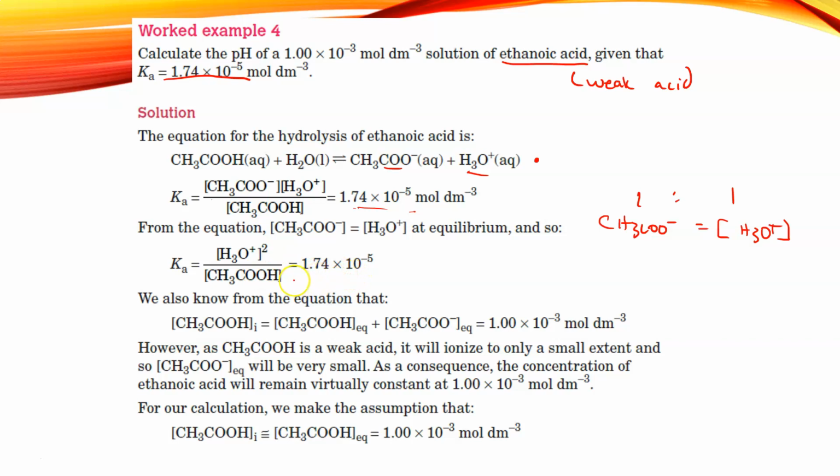Now the only thing we really need to know is the concentration of the acid at equilibrium. We know that the initial concentration of CH3COOH is 1 × 10^-3, and it is only ionizing very small amounts, so the total is the concentration of the acid plus the concentration of the anion. From here, we know it only ionizes to a small extent.